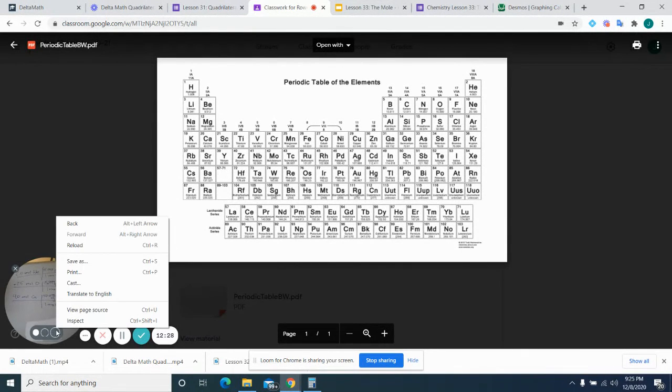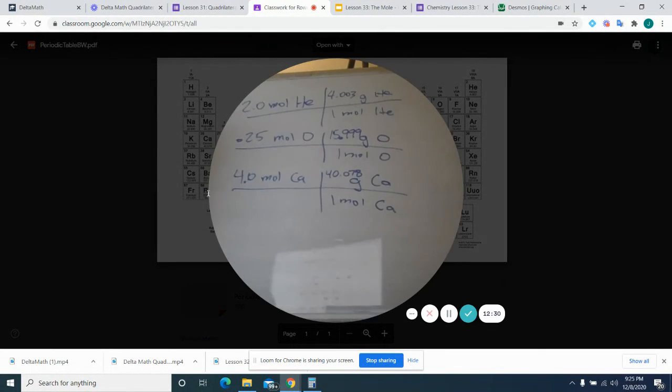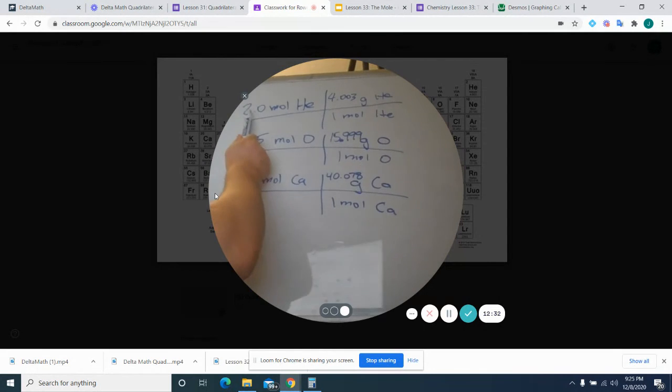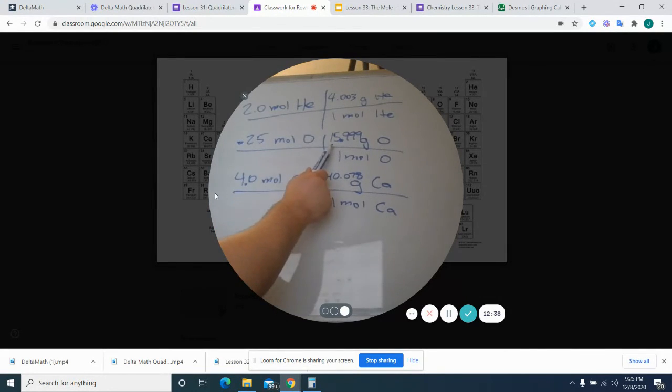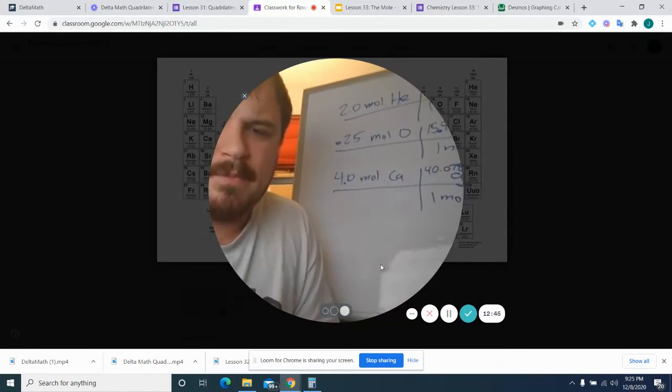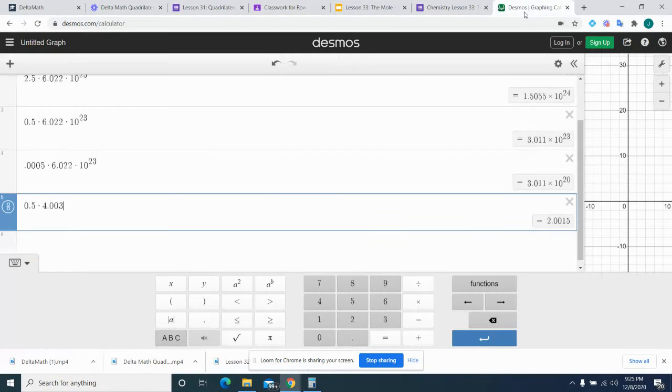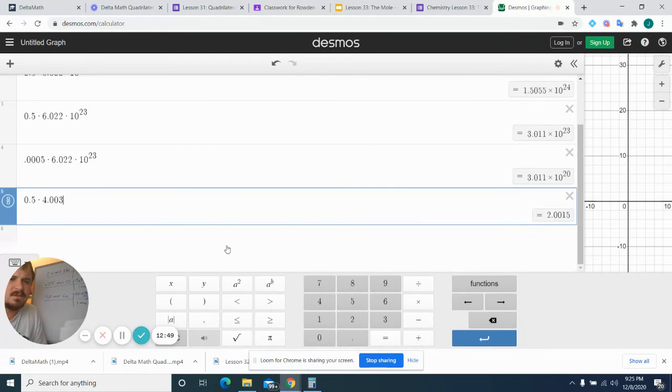So you see, we've set up all of our problems. To find helium, we're going to do 2 times 4.003. To find oxygen, we're going to do 0.25 times 15.999. To do calcium, we'll do 4.0 times 40.078. All right, so let's do all those and we'll get all of our answers.